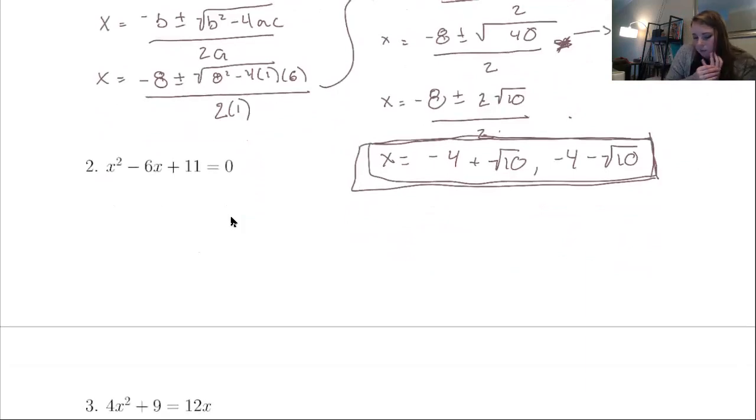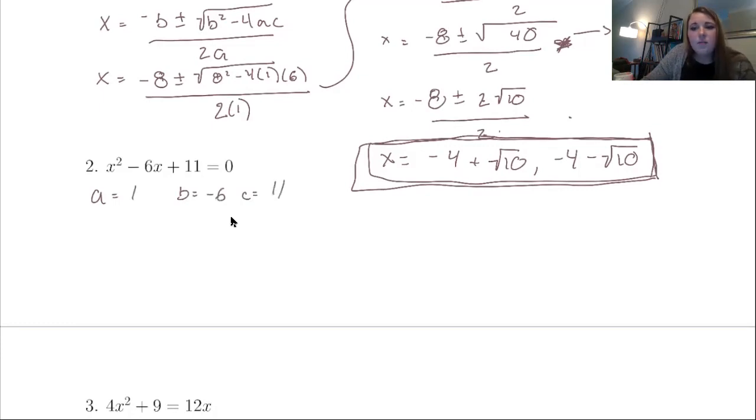Okay, cool. So now I have x squared minus 6x plus 11. So what is a, b, and c for here? That's right. It's going to be 1, negative 6, and 11.